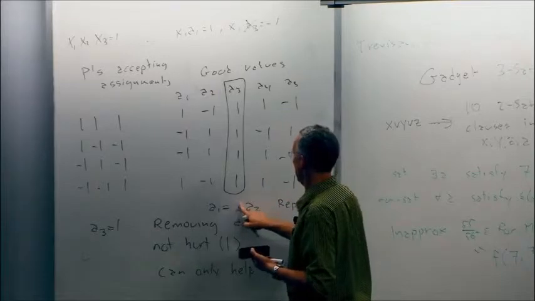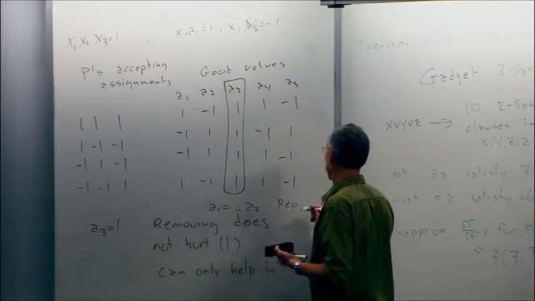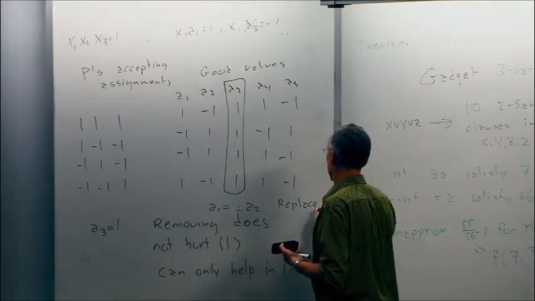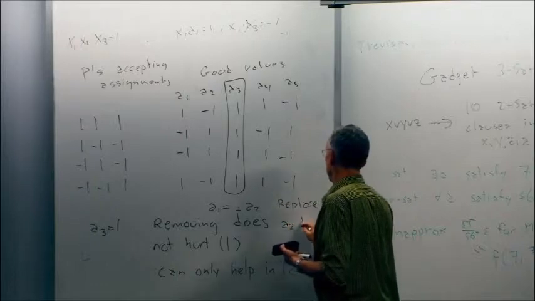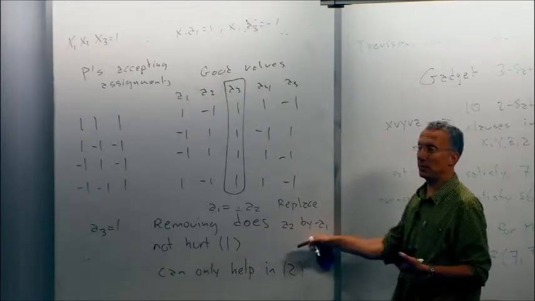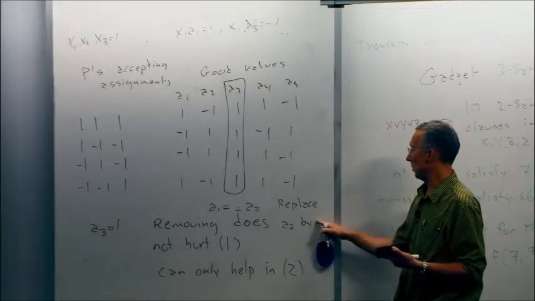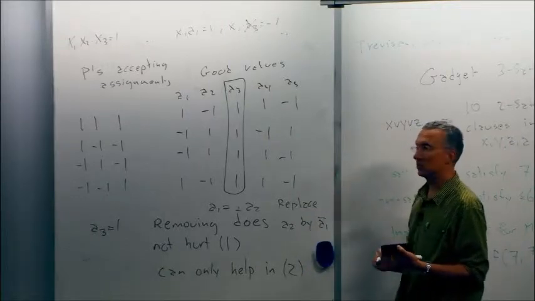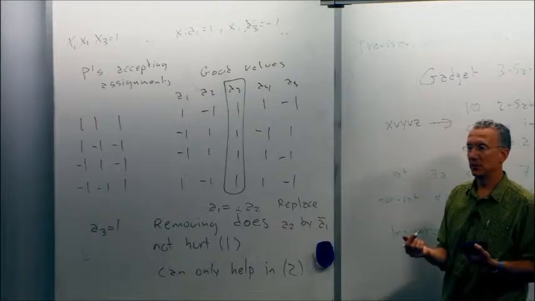So suppose A2 is equal to minus A1. I claim that whenever A2 appears, I'll replace it by minus A1, or in the two-sat notation, A1 complement.